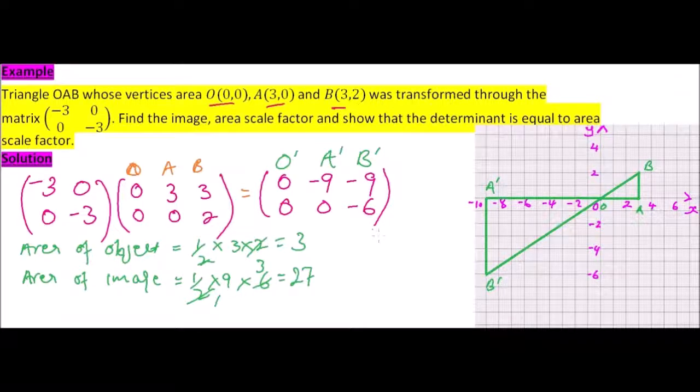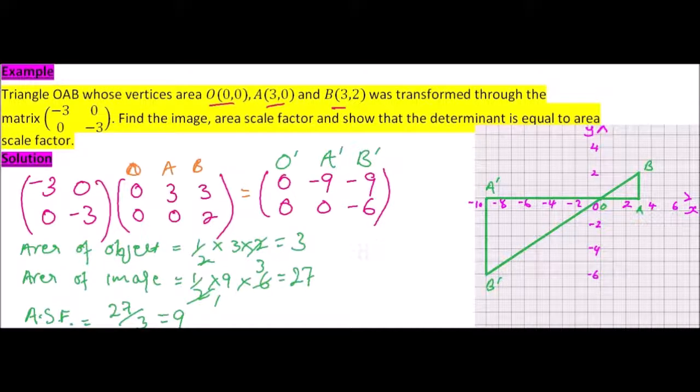Now from there, the area scale factor, we have said it is equal to the area of the image divided by the area of the object. So it is 27 over 3, and that should give us 9. Then from there we get the determinant of our transformation matrix.